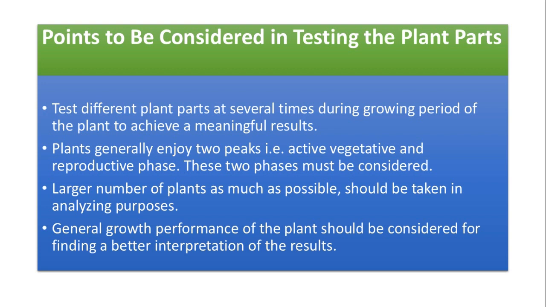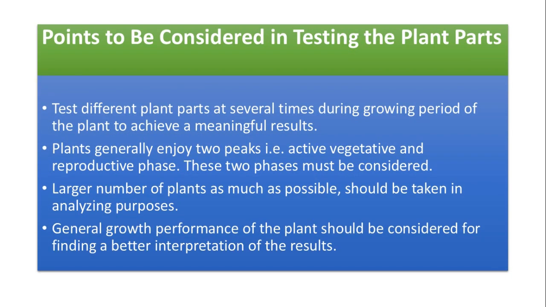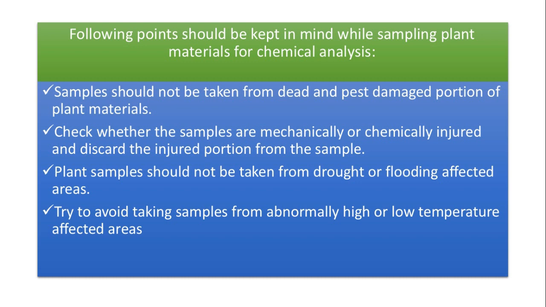A large number of plants should be taken for analysis as much as possible. The general growth performance of the plant should be considered for a better interpretation of the result. Samples should not be taken from dead and pest damaged portions of the plant.